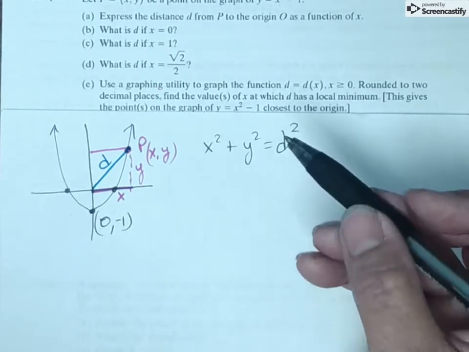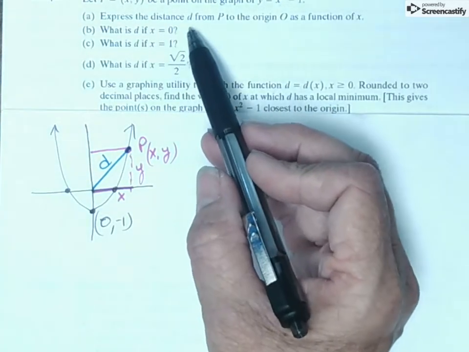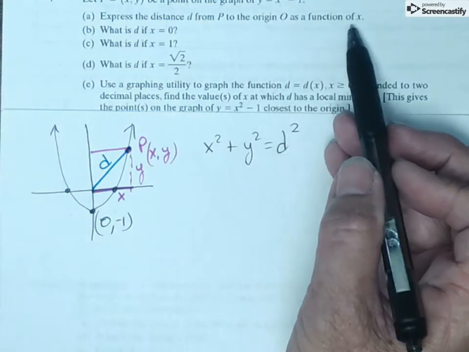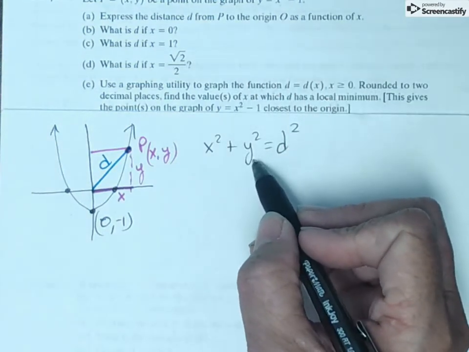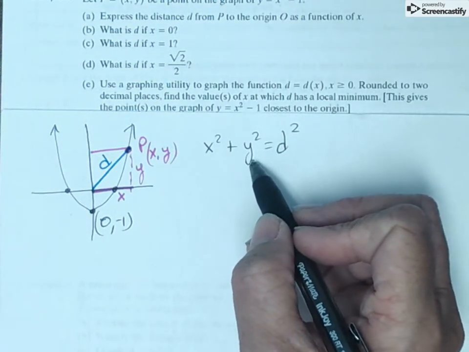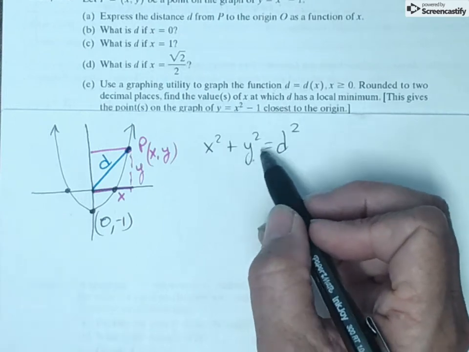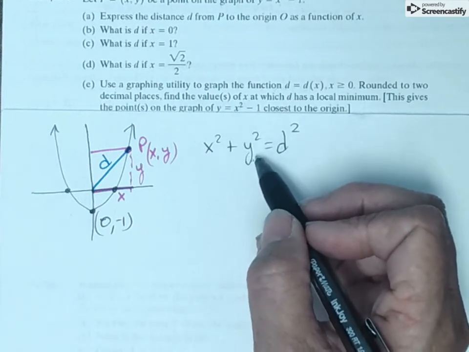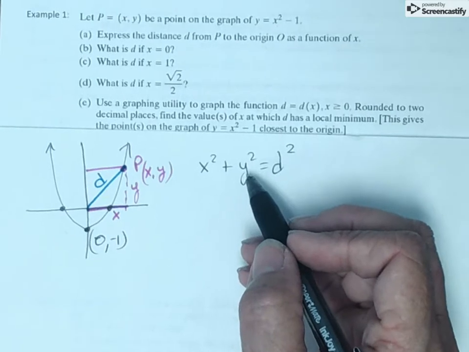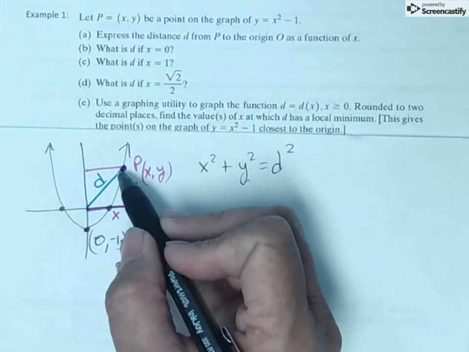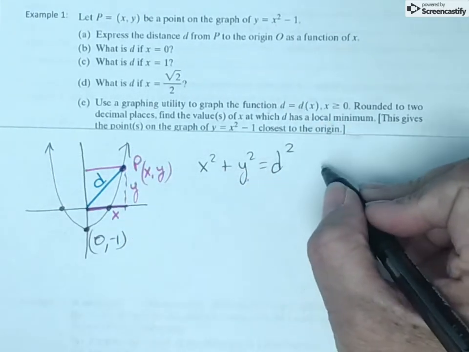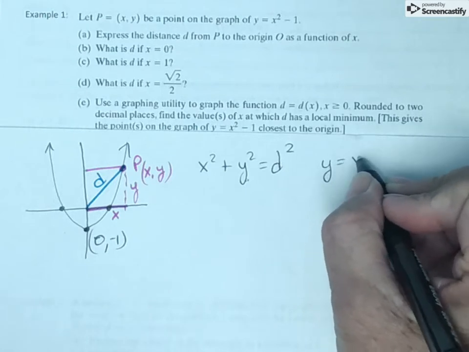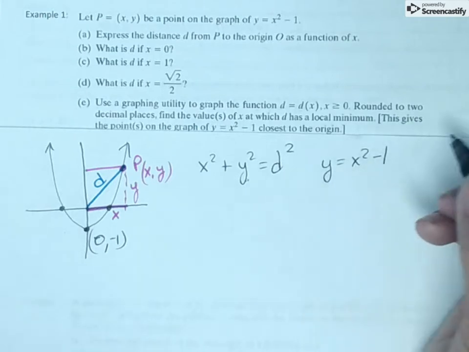Well, that's great. However, two things. It says express the distance d as a function of x. So I don't want any y's in here. To get rid of this y, I'm going to have to replace it with some other expression. Well, we were also told that the equation of the graph this point is on is y equals x squared minus 1.